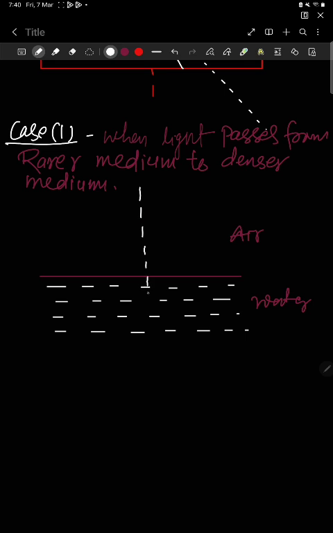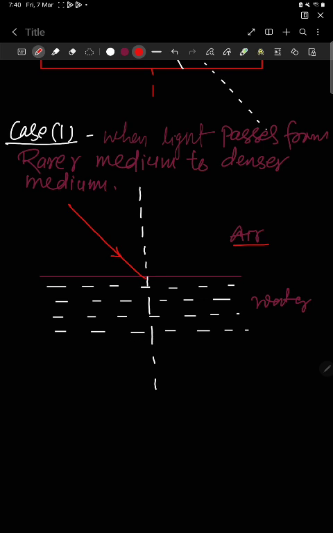Let's draw one normal. Now suppose there is one light ray which is falling on this interface of the air and water. Air is which medium? Rarer medium, and water is denser medium.